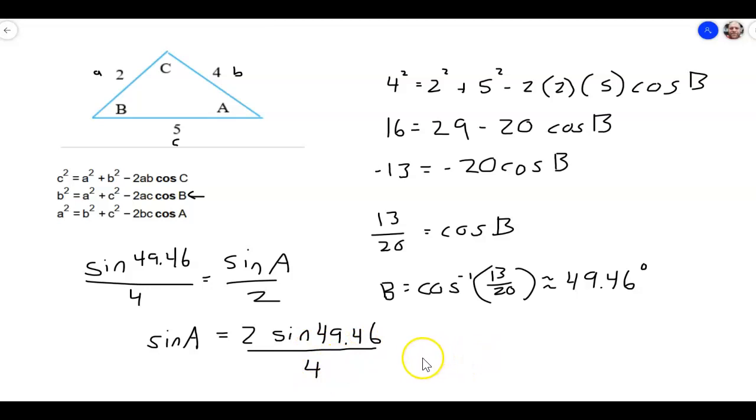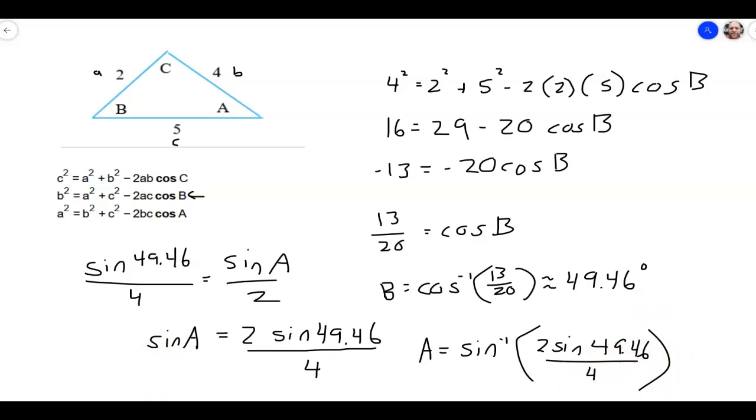That means A is equal to the inverse sine of 2 times the sine of 49.46, all over 4.